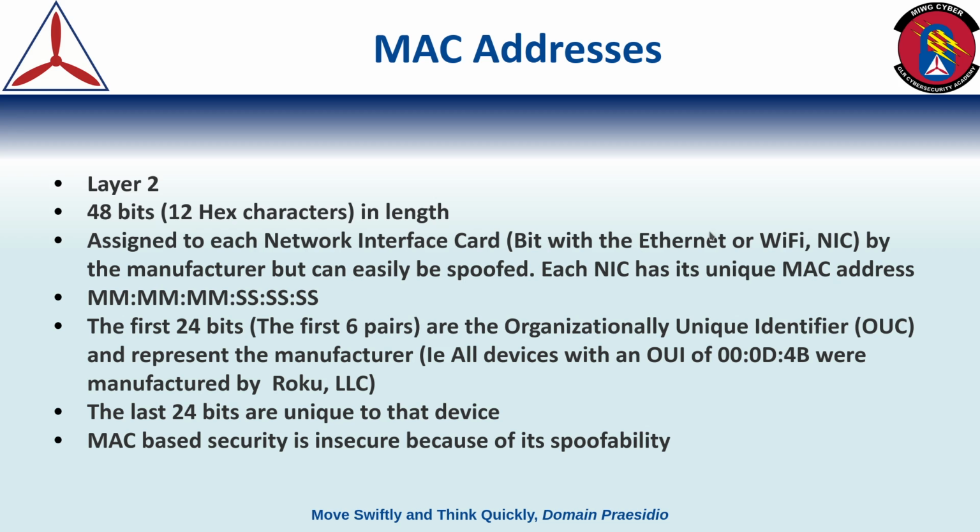And it's assigned by the manufacturer. It's ingrained in the chips in the network interface card, which is either your Ethernet card, your Wi-Fi chip, however you're connecting, that has been assigned a MAC address. The first half of it, the first 3 pairs, is what's called the organizationally unique identifier, or the OUI.